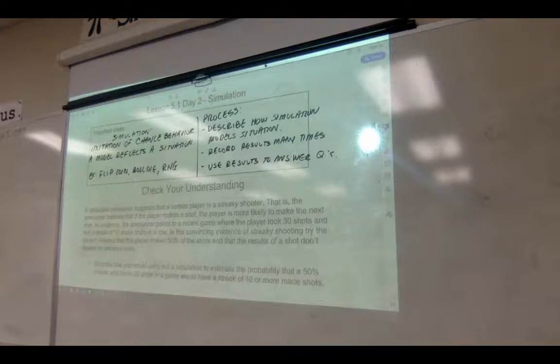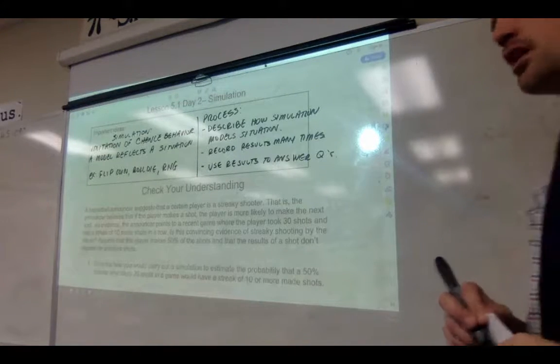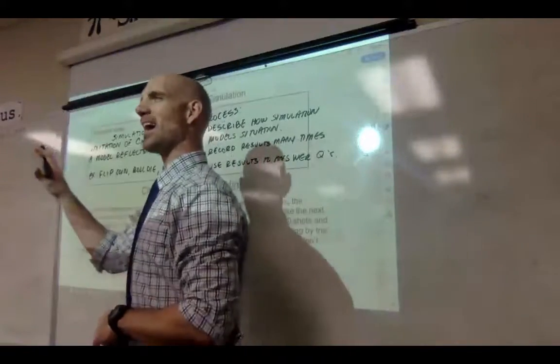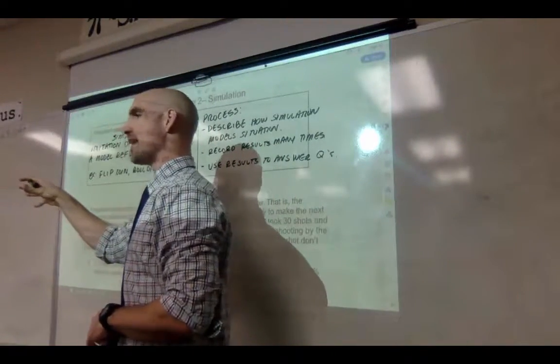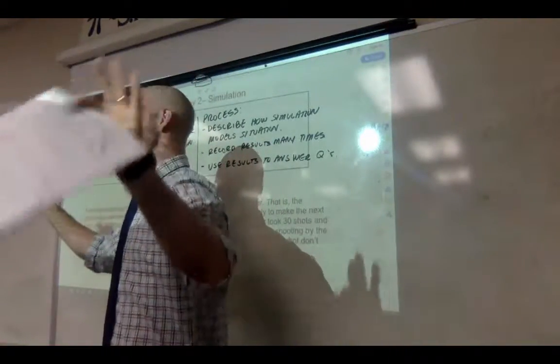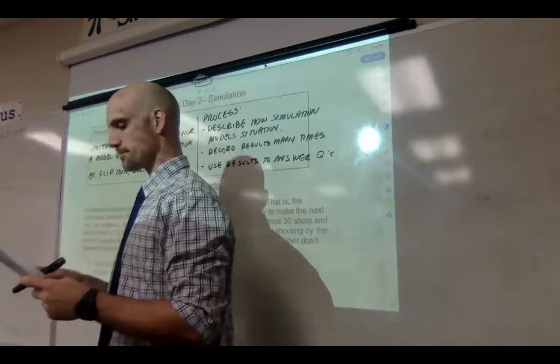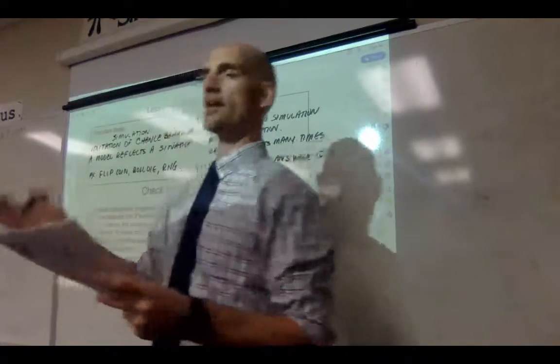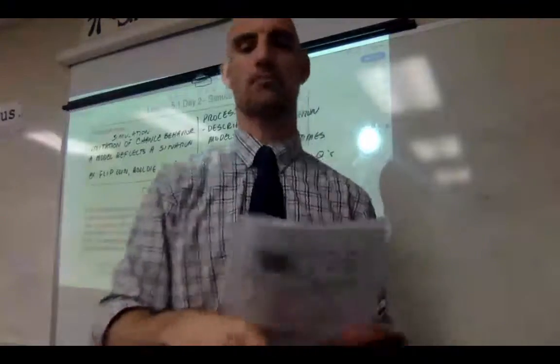Assume that this player makes 50% of the shots and the results of a shot don't depend on previous shots. Talk about a simulation at your tables that could model the situation.